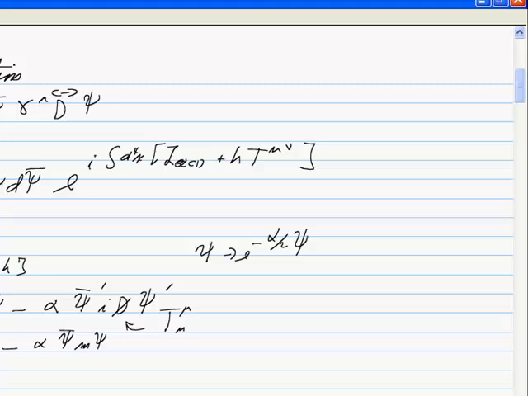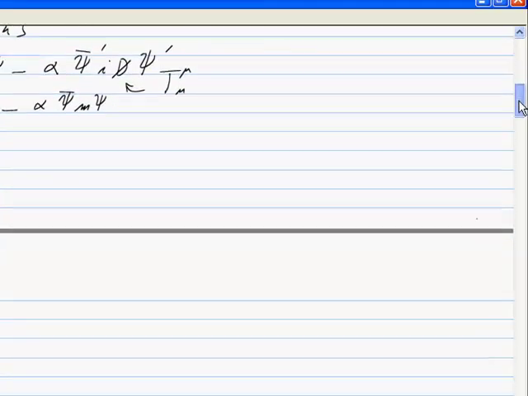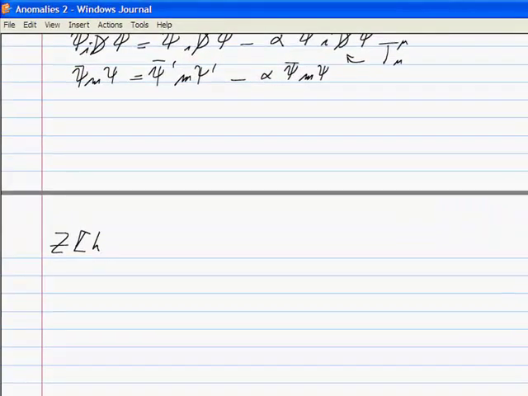So here then we start with Z of h plus alpha.